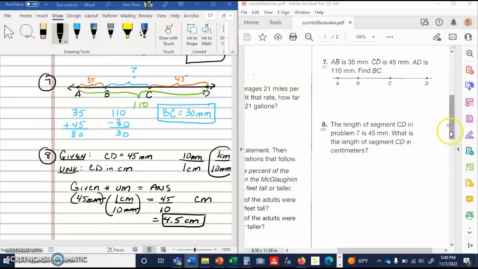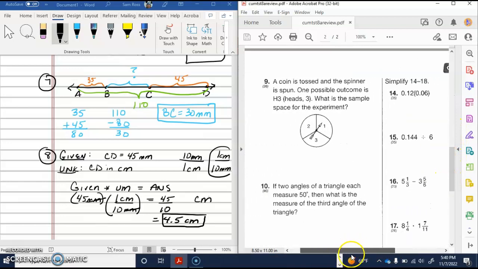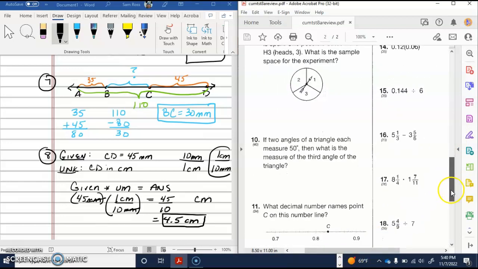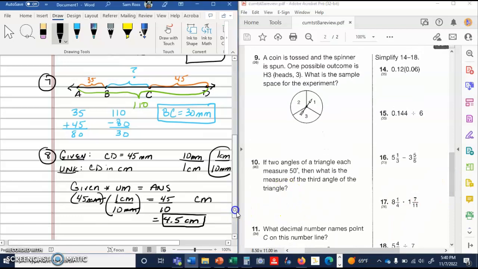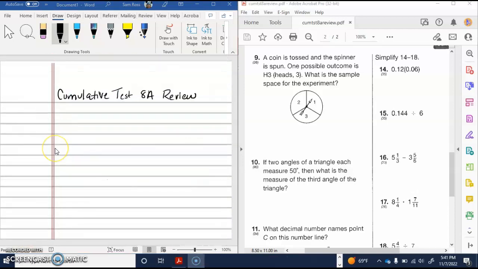Let's go on to number 9. I might have to erase. Let's see where we're at. Okay, so this is definitely going to a part 2. So let me see if I can get 9 and 10 here in part 1 and then start at 11 in part 2. So 9 says a coin is tossed and a spinner is spun. So before I even go any further, for a coin, I know my options are heads or tails.